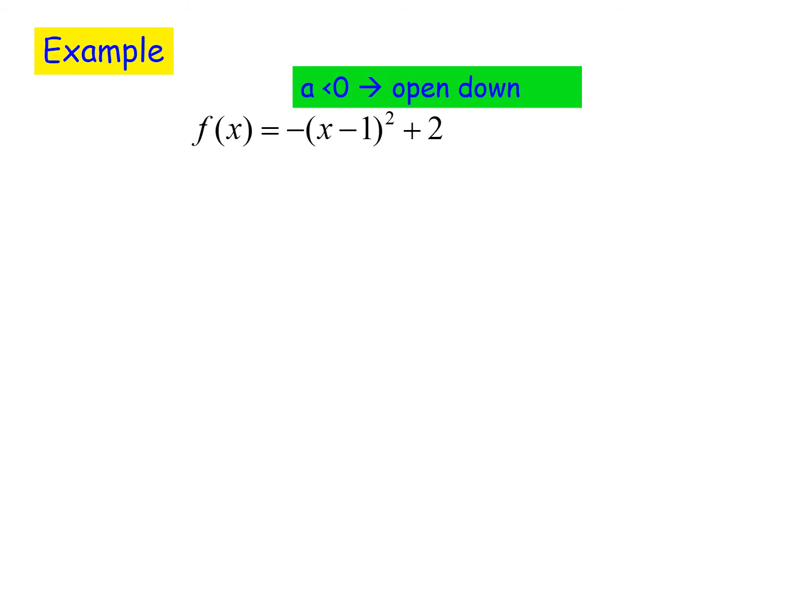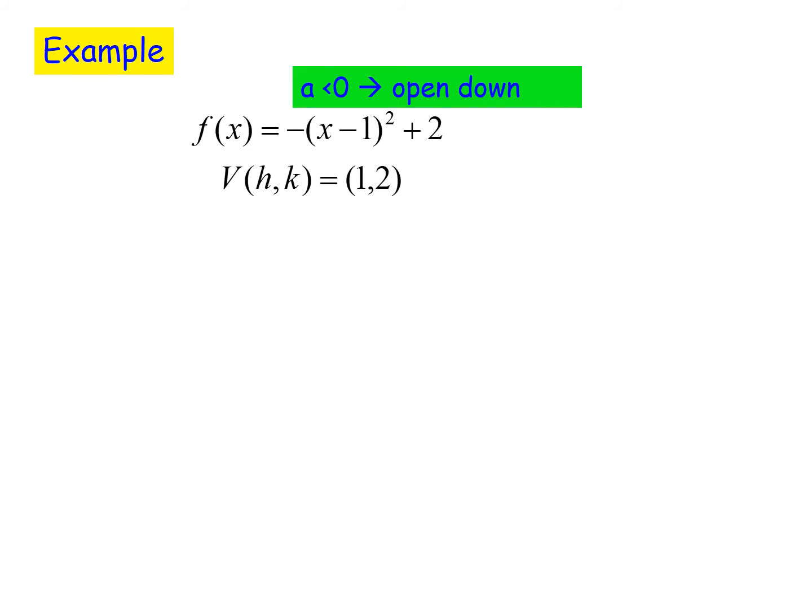Let's look at the second example. We have a function f(x) equals negative multiplied by (x minus 1) squared plus 2. We notice that a is less than 0, so it opens down. So we draw a sour graph, and since this function is in the completed square form, we know that the vertex is (h, k). So h is 1 and k is 2.